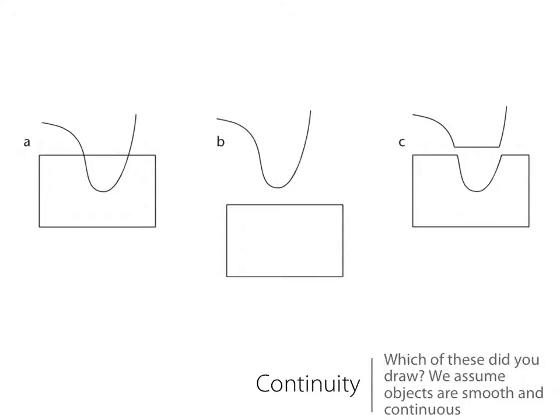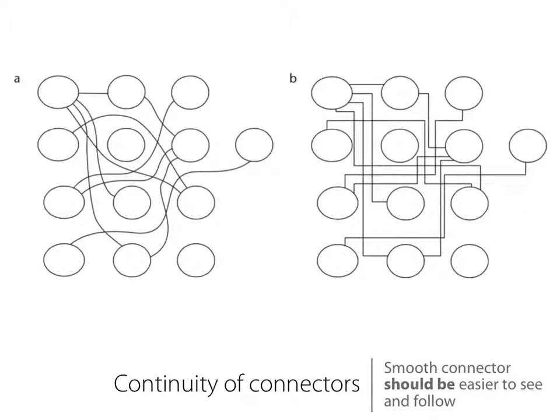So if we apply that to some of our visual displays, what you're looking at are a series of two very messy network diagrams. Those continuous versus angular connectors should be easier to see what's connected to what. And so visually I want you to do that. So take, for example, this dot right here, and tell me, visually, can you go up and look to see where it's connected up there?